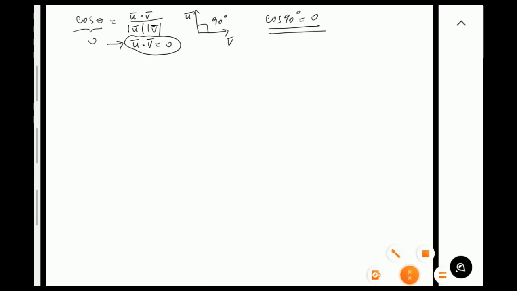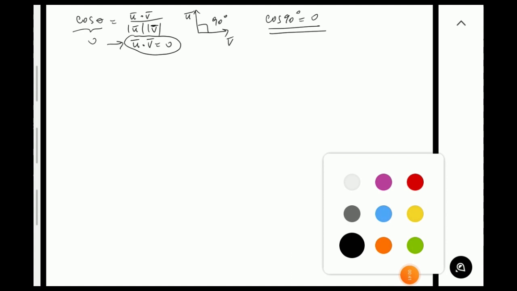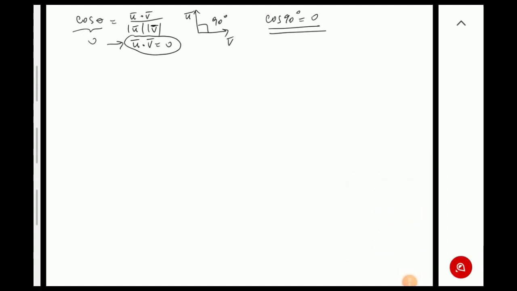So we can write this as an additional property. Two vectors u and v are perpendicular, or another name for it is orthogonal, if u dot v is equal to 0.